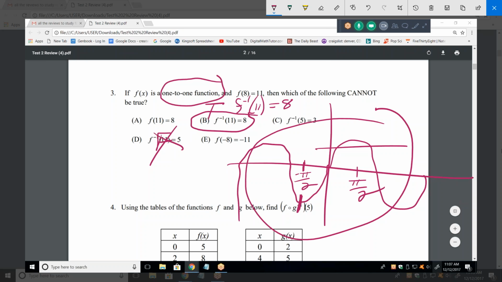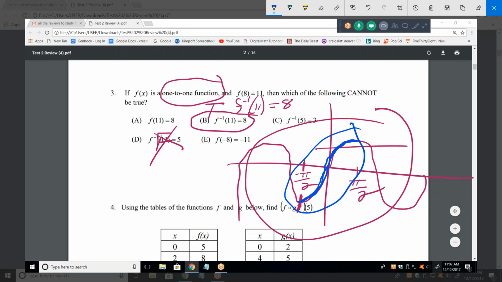And now if I look at that, that's one-to-one, which means it has an inverse. So when you're talking about the inverse sine function, you're only talking about that part of it right there.